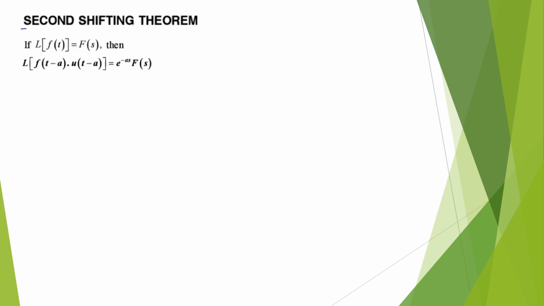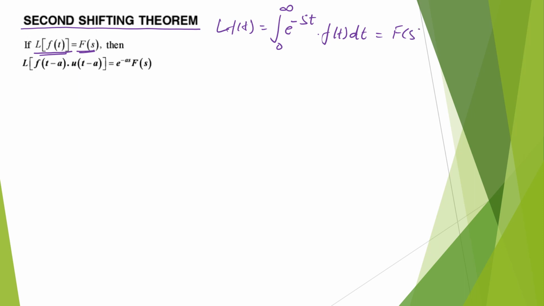Now the second shifting theorem. The second shifting theorem is: if the Laplace of f(t) is F(s), by using the first principle, Laplace of f(t) is equal to integration 0 to infinity e to the power minus st f(t) dt, which always gives you the solution in the form of s, that means a function of s.